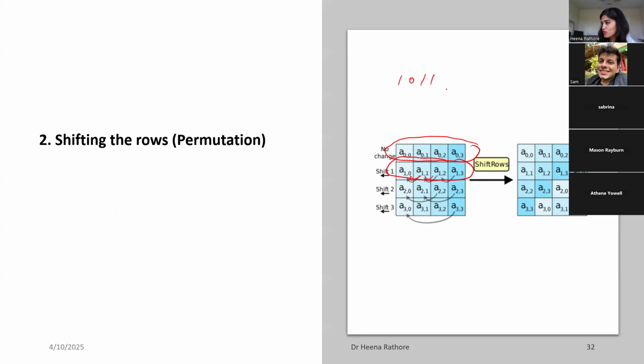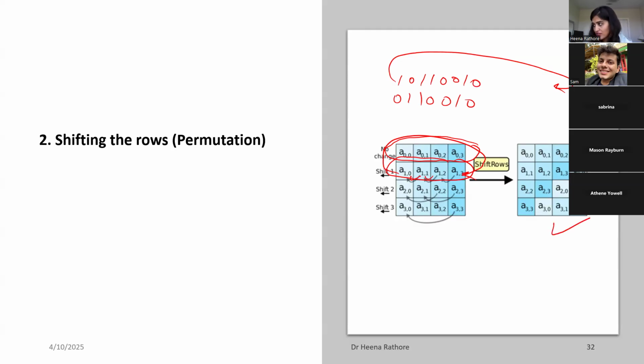So if it is 10110010, it would become 01100101, where the first bit comes to the last position like this. In the third row, 2 shifts are done, which means the bits would be shifted 2 times. And in the fourth row, 3 shifts would be done. Finally, you will get a new matrix. That is the shifting rows operation.